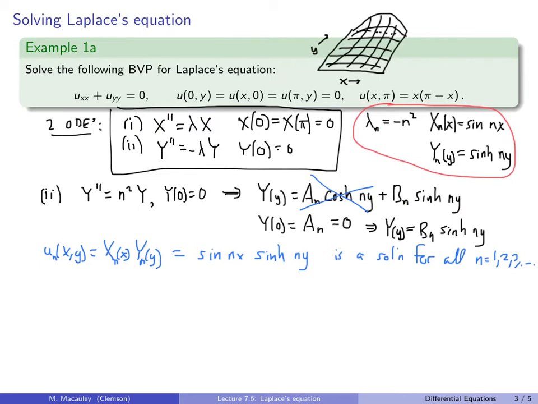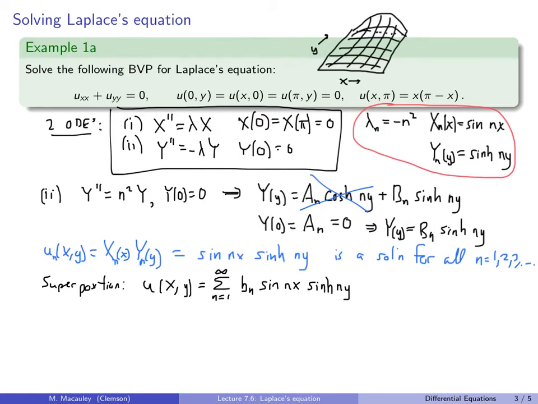Okay, so let's use superposition now. By superposition, we know that we can add up these as we wish. So let's say n equals 1 to infinity, and let's put a constant, let's call it B_n, times sine of nx sinh of ny.